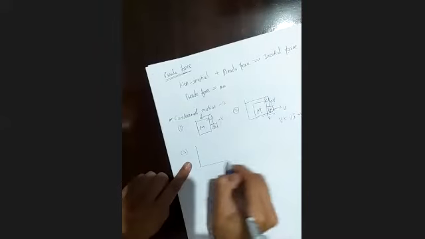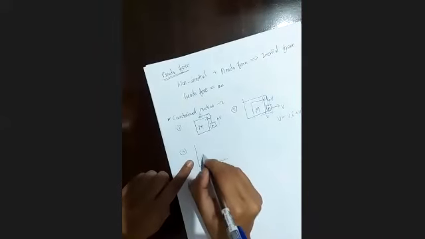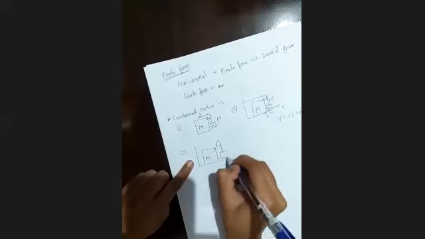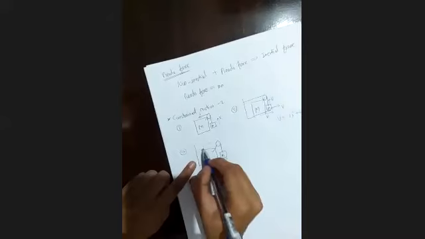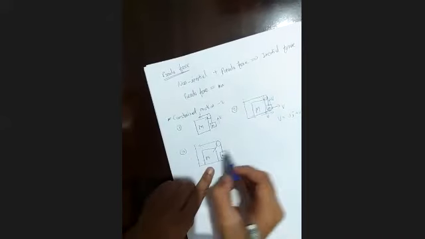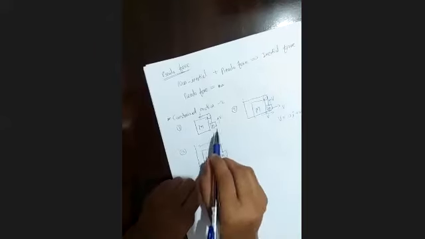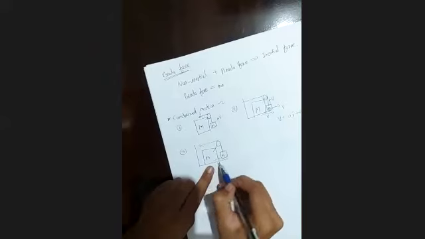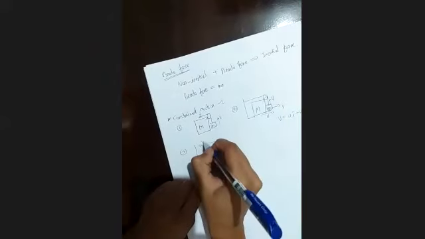Now the third case is a combination of both. So here is a big block of mass M, here is a pulley, and here is a small block attached. And this string is not attached now. So both the string and block are moved with velocity v. So this is moved with velocity v in this direction and this is v in this direction.